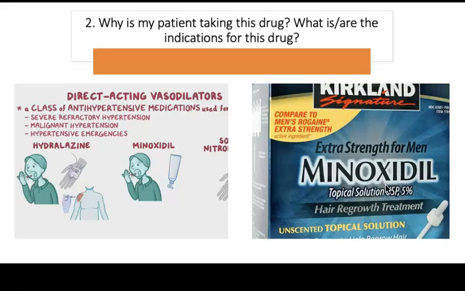It was frequently used on people who were resistant to other medications. We see now that minoxidil is an antihypertensive used for severe refractory hypertension. For those patients who have not responded to other medications like hydralazine or sodium nitroprusside, we save this medication for those resistant or stubborn hypertensive patients.